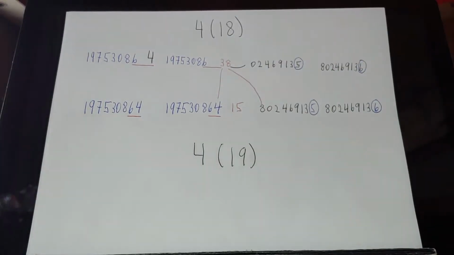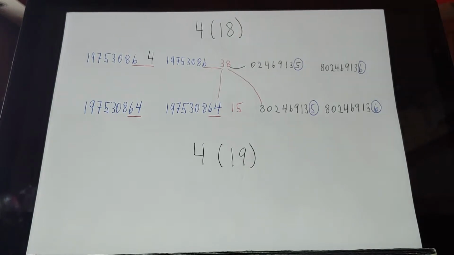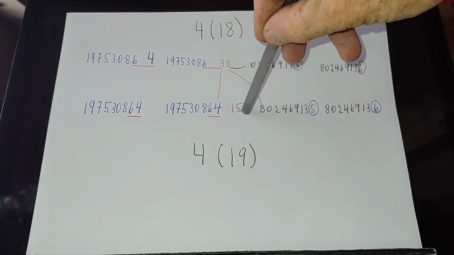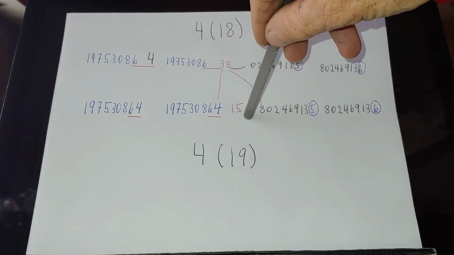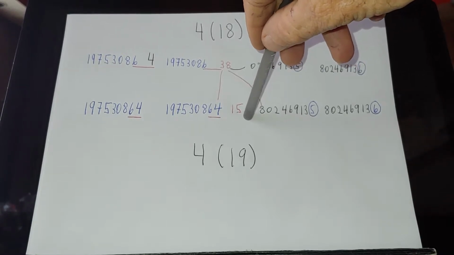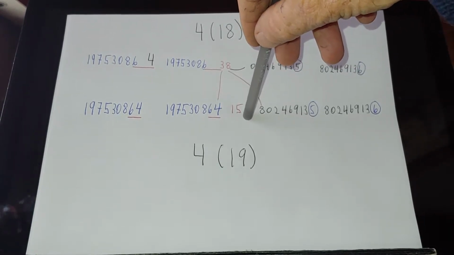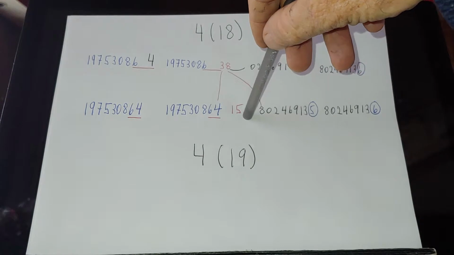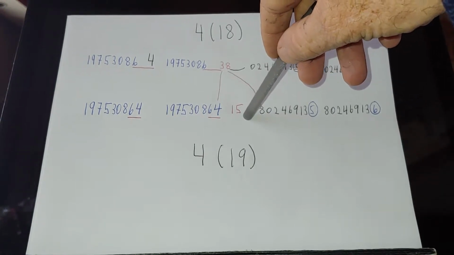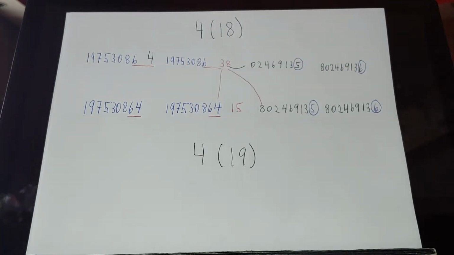And for 4, it will be 4 squared is 16, but in the 10th position, and in the 19th position, and in the 28th position, and the 46th position, and the 55th position, it will go like that.